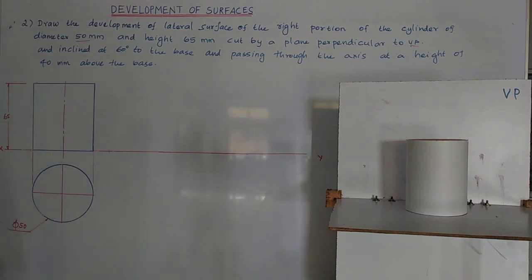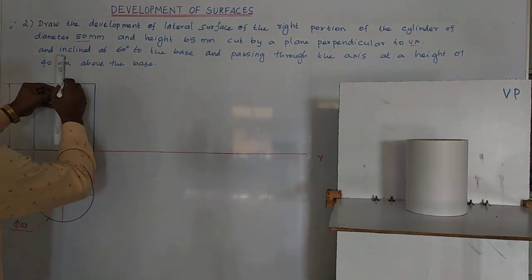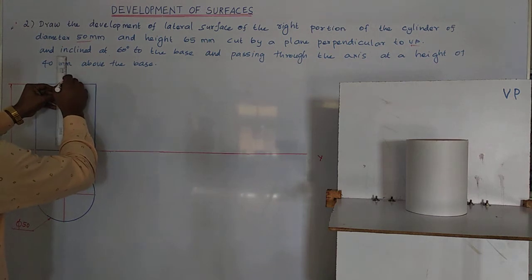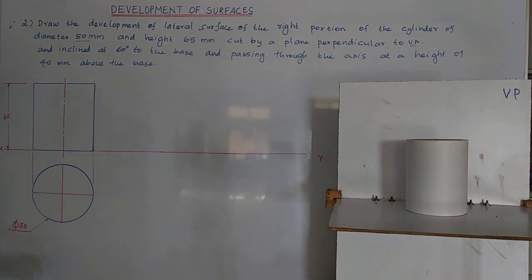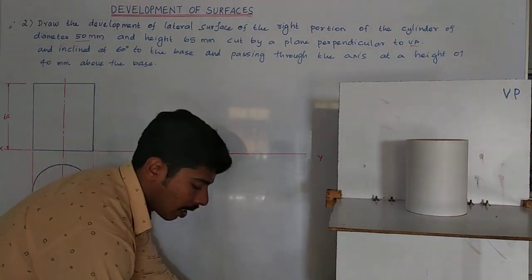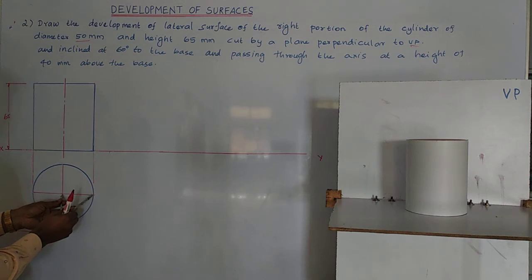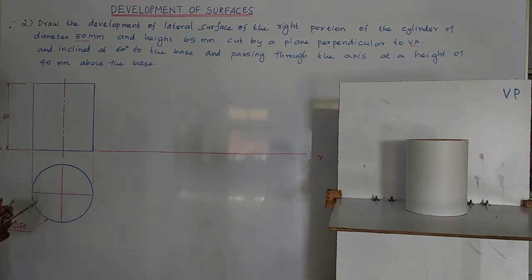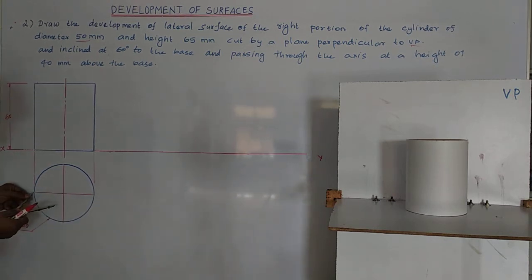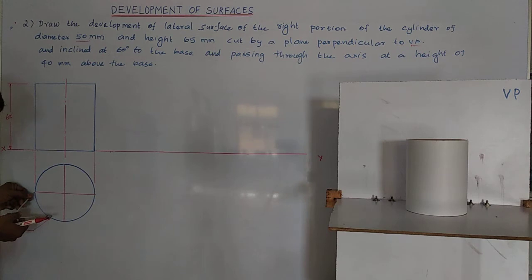This is our axis. Then measure the radius of the circle in the compass, keep it here and mark 2 points.